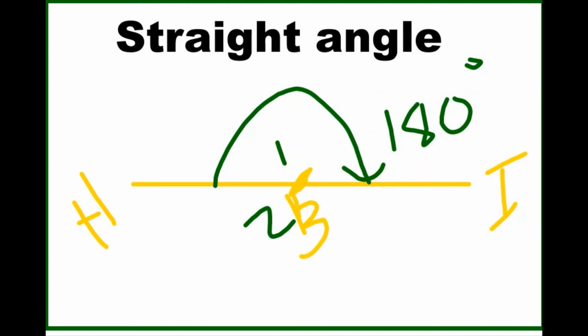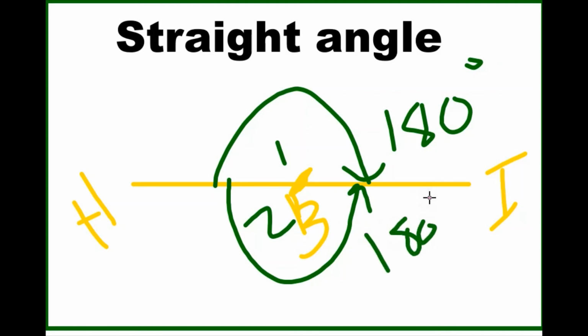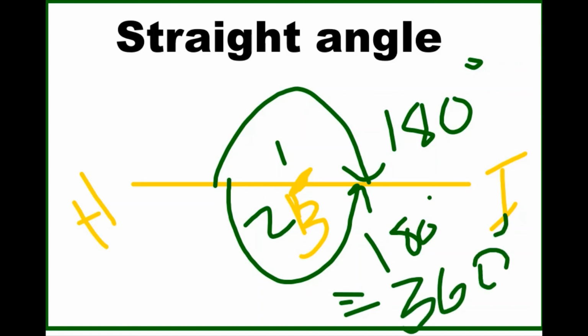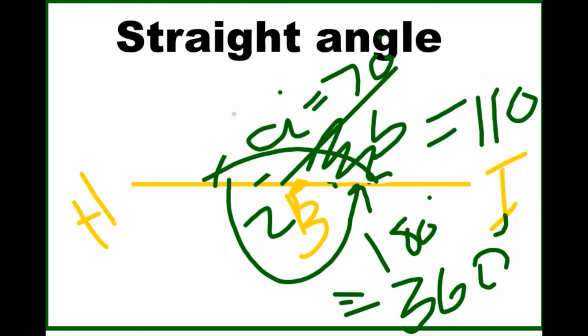And this makes sense because if we have 180 on B1 and 180 on B2, so angle B2 is also 180 degrees, and 180 plus 180 is 360, and it brings us back to the revolution angle. Angles around a point always add up to 360. So if we have a line, there's a 180. In future, we are going to use this reason, angles on a straight line. Always remember that angles on a straight line add up to 180.